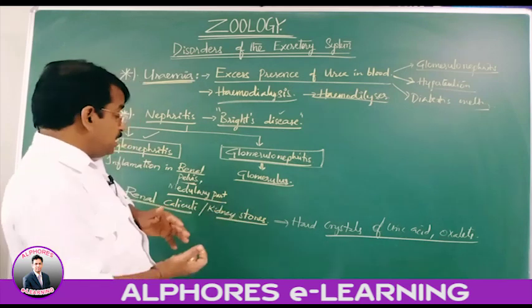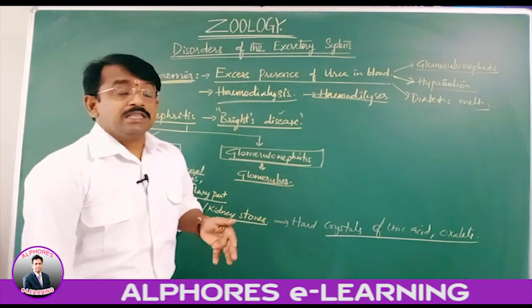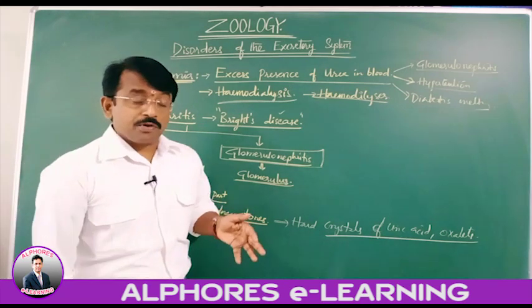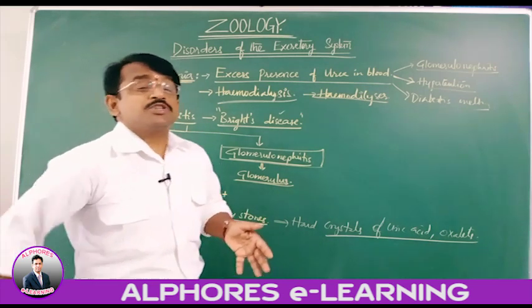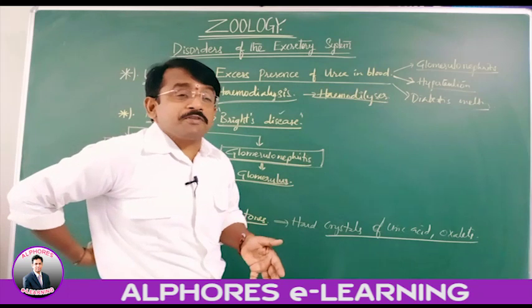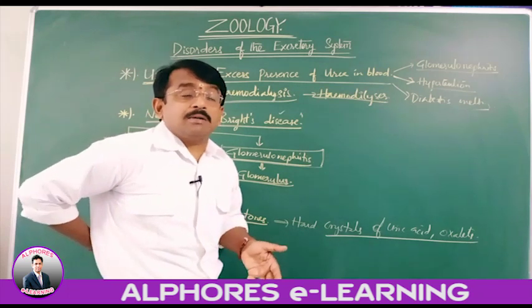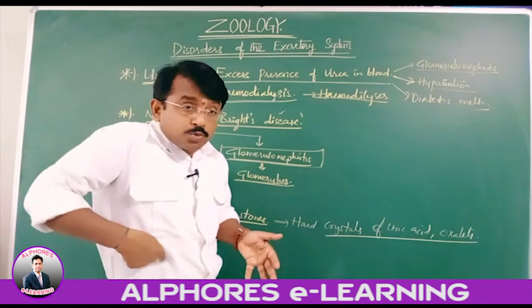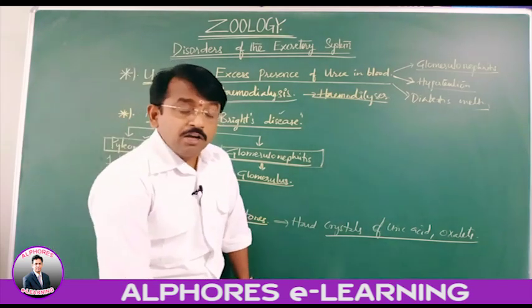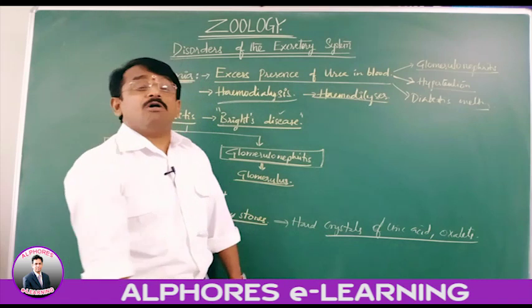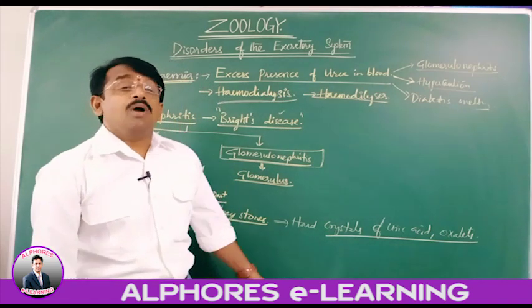And generally this results in colic pains. Renal colic pain is when certain times people suffer from a pain which starts in the back region and moves towards the abdomen and also the lower part of the thigh, or the testicle region or the vagina.